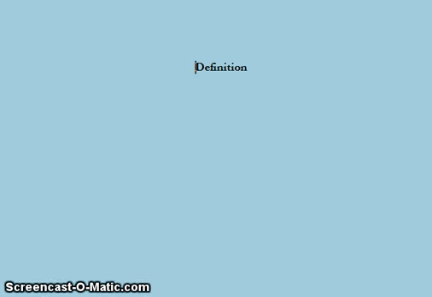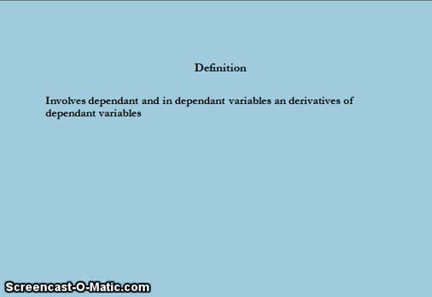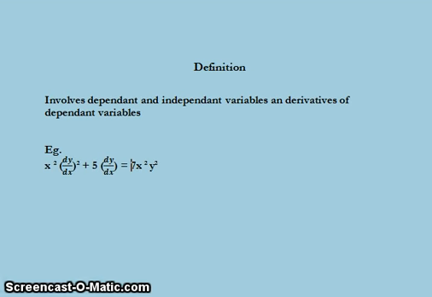Starting with the basic definition, a differential equation is basically an equation that involves independent and dependent variables and derivatives of dependent variables. For example, we are going to consider a differential equation given as x square (d²y/dx²) plus 5 dy/dx equal to 7 x square y square.